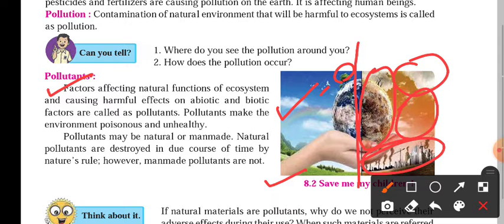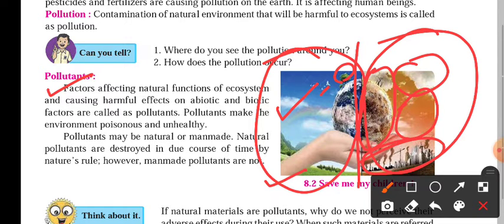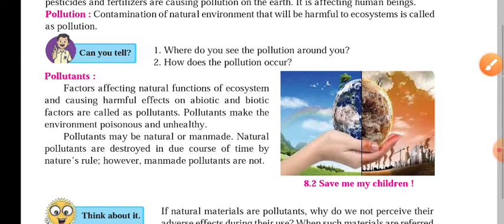So they have shown two sides of the earth: one having greenery, clear clouds and a clear sky, and on the other side a polluted sky, and the earth is not having greenery. This is the side affected by pollutants, and this one is a clear sky without pollution. It means the earth, where we and other living organisms live, needs a good and clear ecosystem, and that is possible only by our effort.